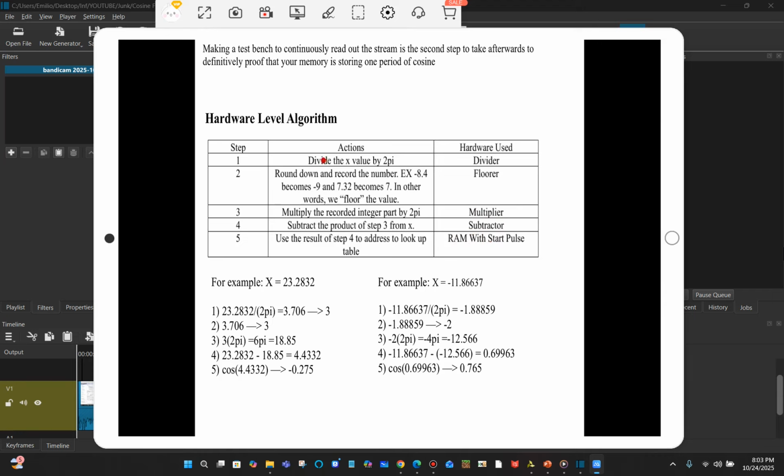The divider divides the x by 2 pi. The floor rounds down, the multiplier multiplies, the subtractor subtracts, then a memory unit fetches the value. We have 2 examples here showing each stage of the process from their respective hardware. So now let's go over how the code works.